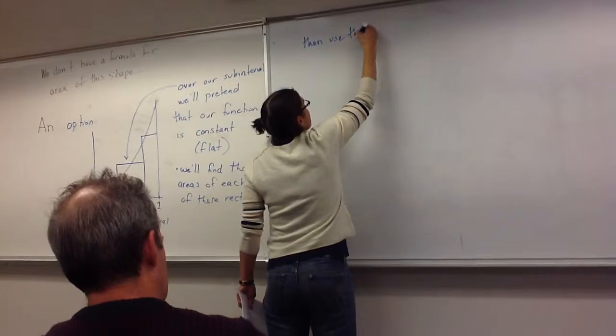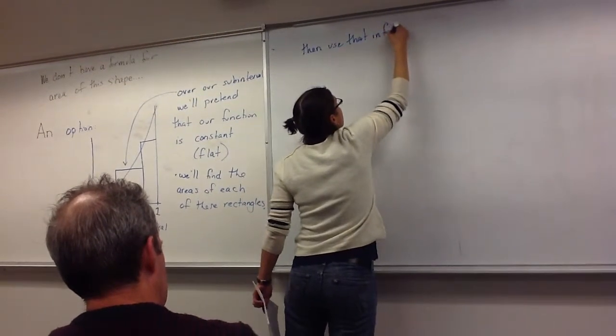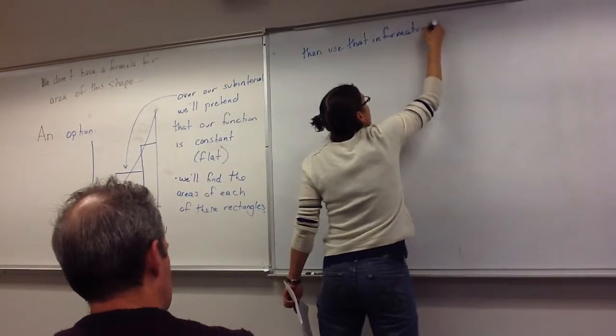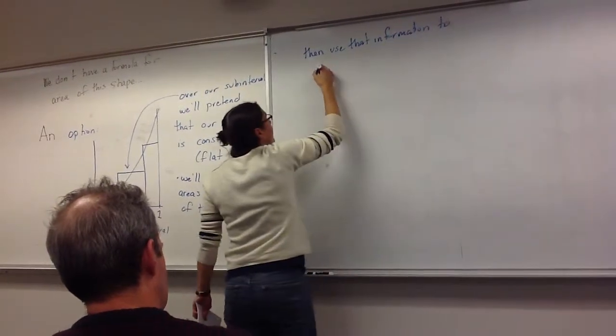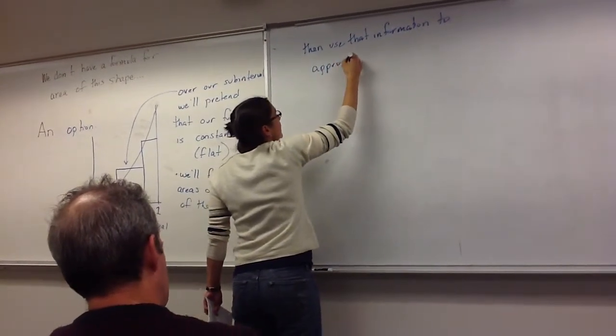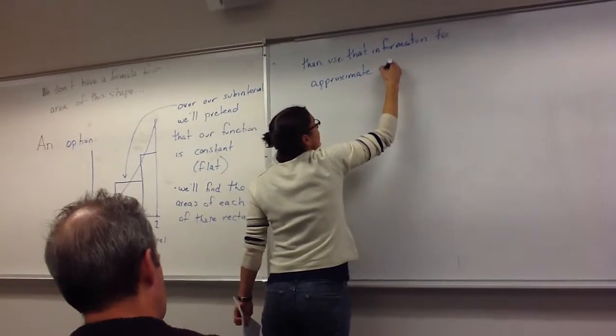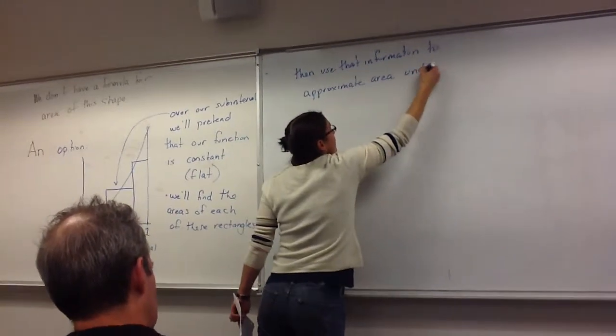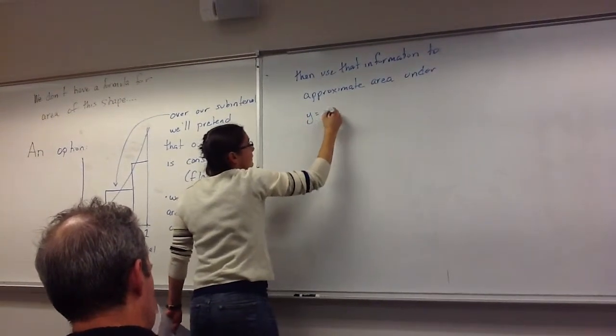Then we're going to use that information to approximate the area under y equals x squared.